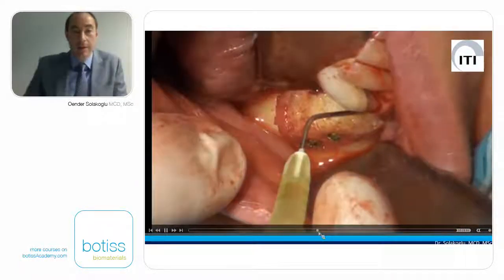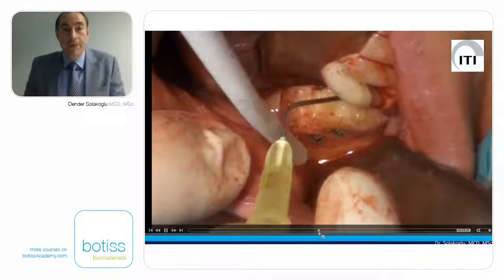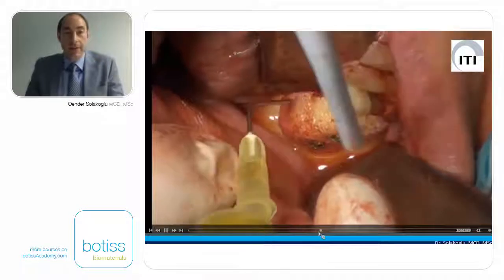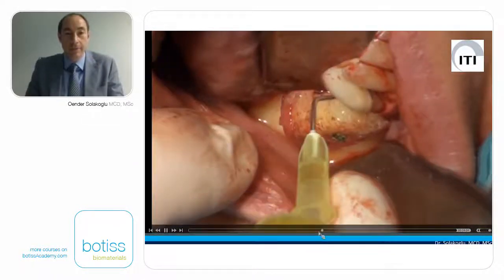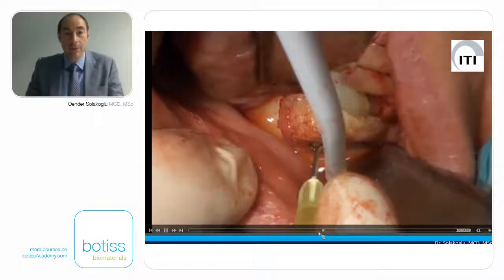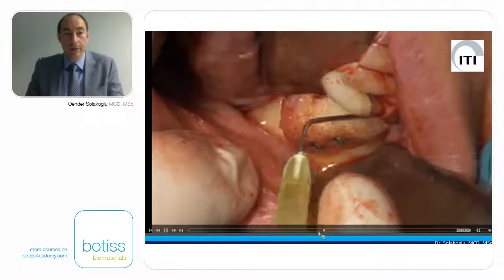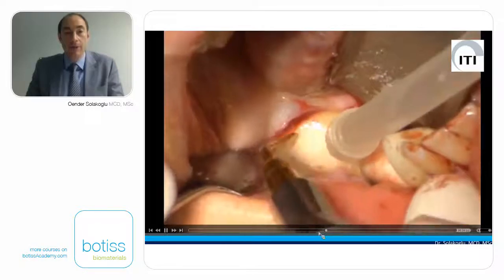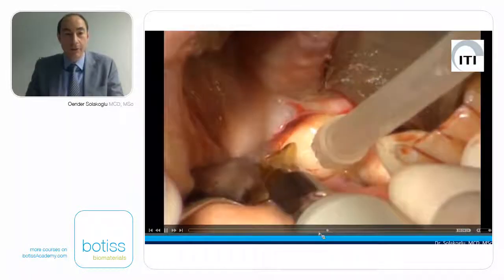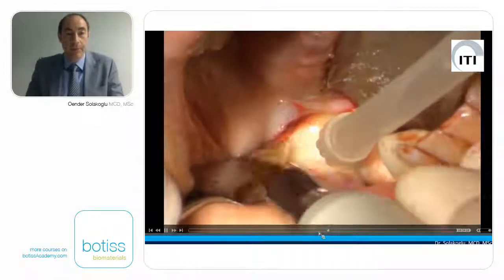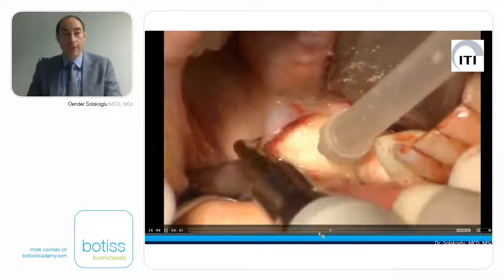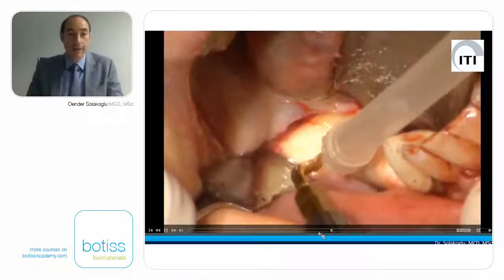And this is the third phase of the PRGF system. And now, once the block is basically fixed, we will rehydrate the block with this material. Then we will also harvest a little bit of autogenous bone from the mandible and mix it with our bone allograft material.